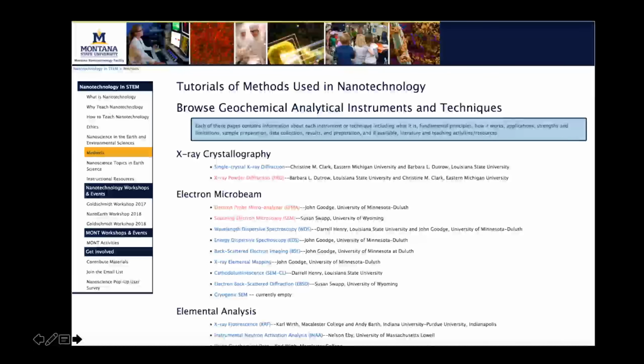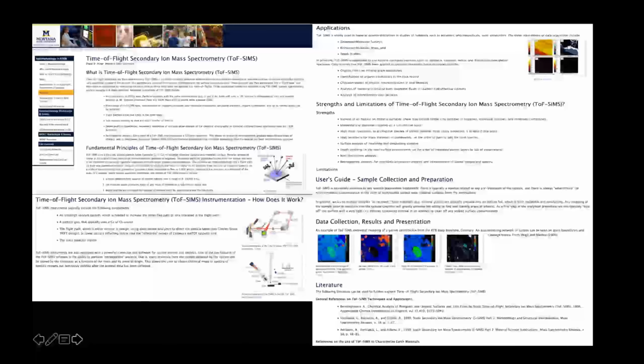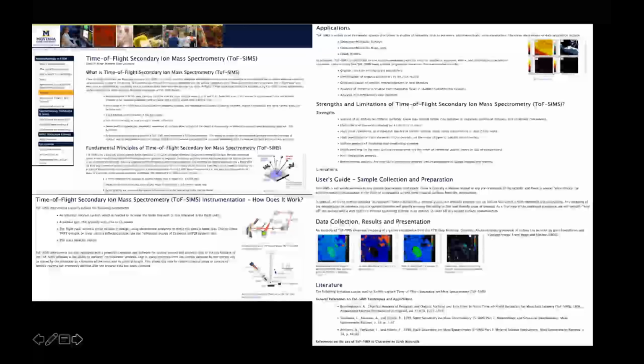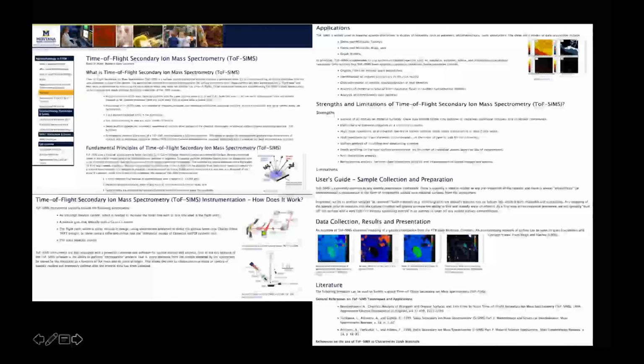So we have already put together a series of primers on many of these techniques. We're always adding more, but this is a place where you can go to learn the fundamentals of, for example, X-ray powder diffraction, scanning electron microscopy, elemental analysis, and much more. All of these techniques have pages similar to this. This happens to be time of flight secondary ion mass spectrometry.